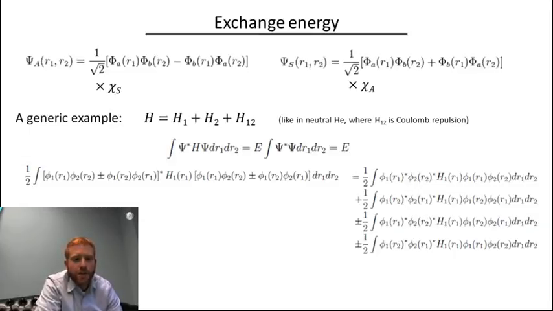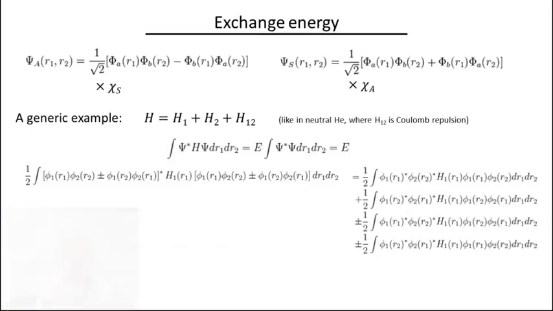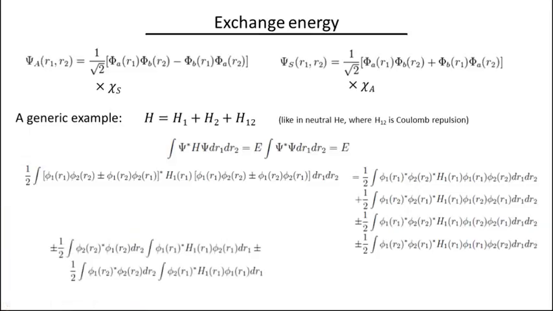Since H1 and H2 terms are dependent on variables R1 and R2 exclusively, the cross terms in distributing the multiplication in the integrals vanish, for instance, in this one. Since H1 depends only on R1, the R2 integral can be done separately, but the wave functions are orthogonal, so the R2 integrals vanish.